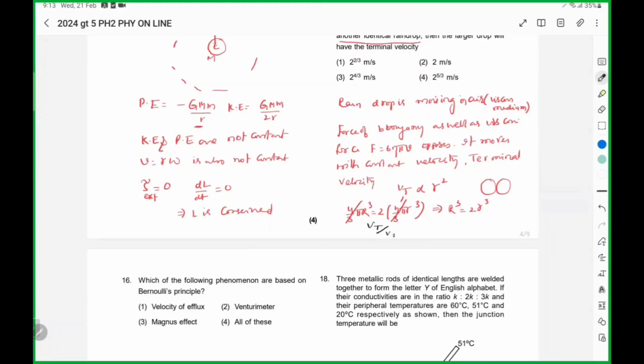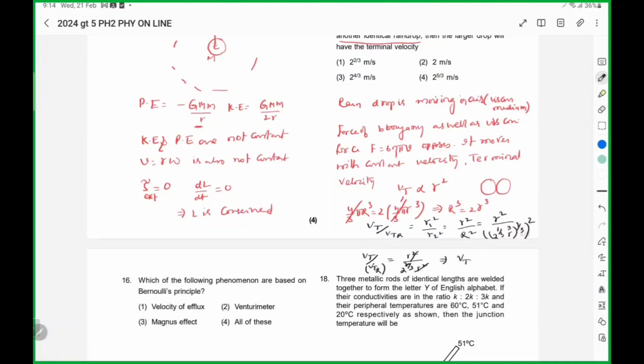Vt by Vt of the bigger drop is R1 square by R2 square, that is capital R square by small r square, which means 2 power 1 by 3 whole square.